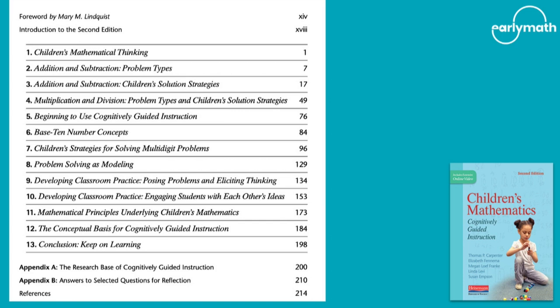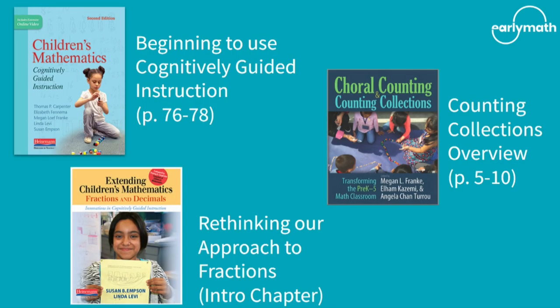So a lot of that is informed by ongoing research and just learning alongside teachers and finding ways to continue to share back with the larger community. So that's what happened between the first edition and the second edition of the Children's Mathematics book. So I wanted you to see what you have available. Again, this is a core text resource that you have for the CGI work.